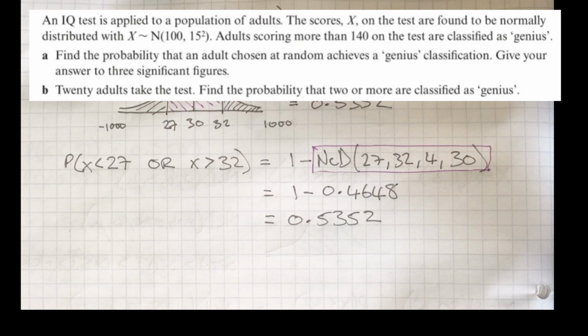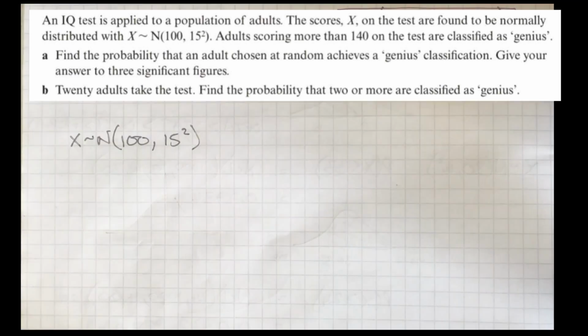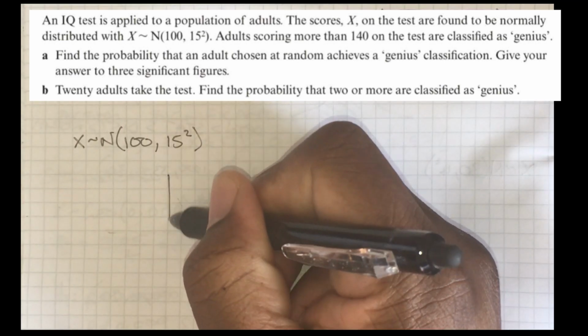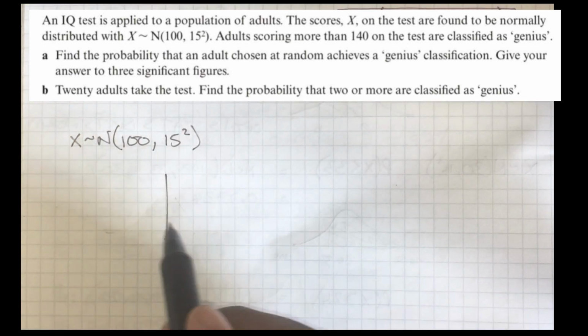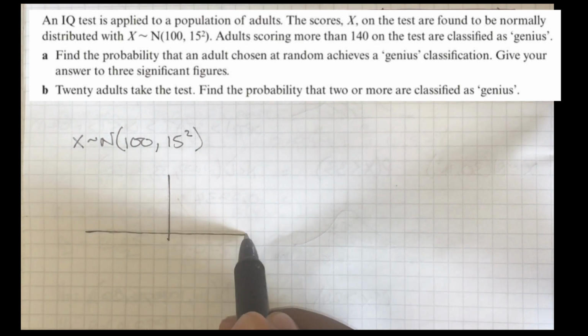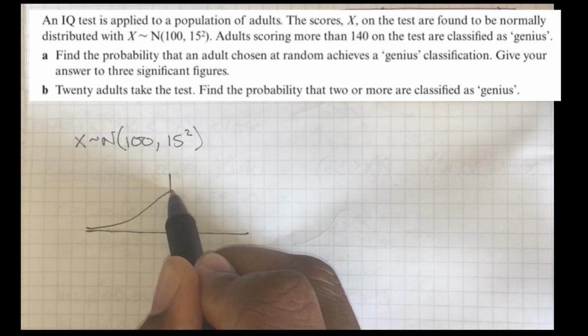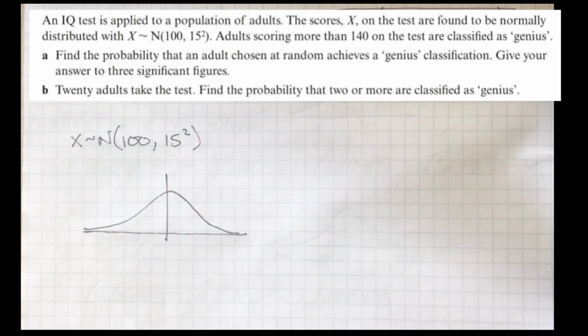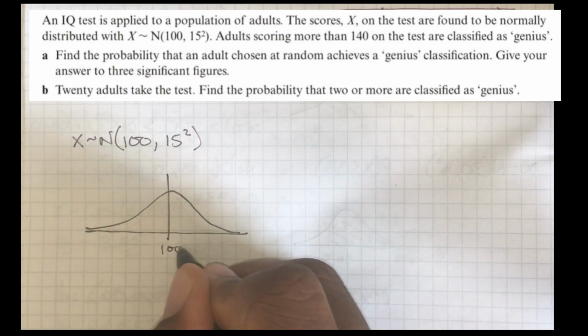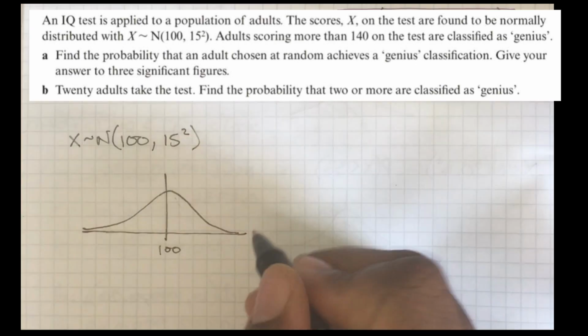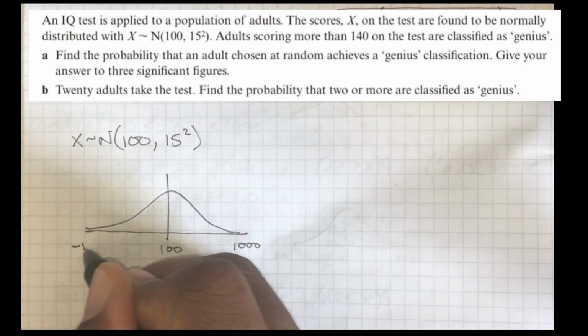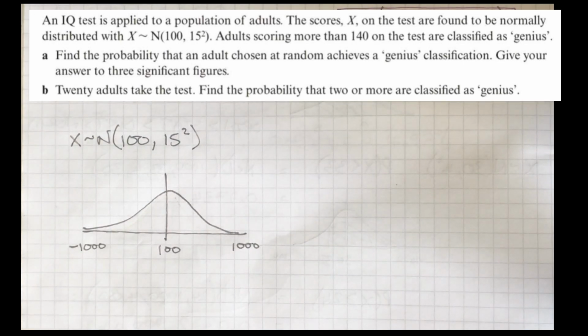Okay, so let's take a look at a slightly more advanced question, and this is going to be not just a normal distribution. It's going to give you an opportunity to work with some topics you've seen before. So stay alert and see if you can notice when there's an opportunity to employ some of those previous topics. So we're looking at the distribution of IQs of adults, and the classification for a genius is that somebody has an IQ above 140.